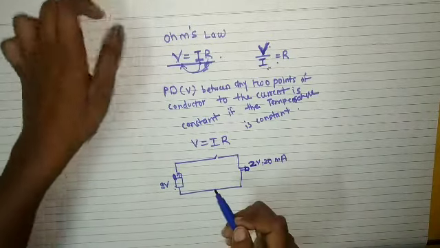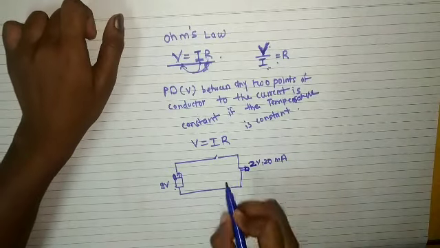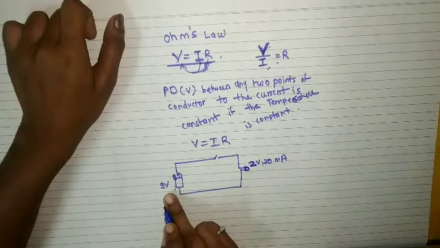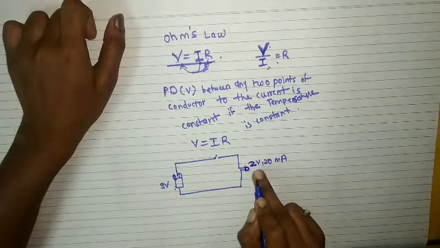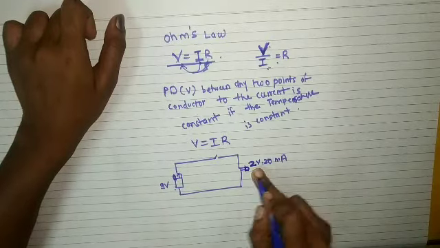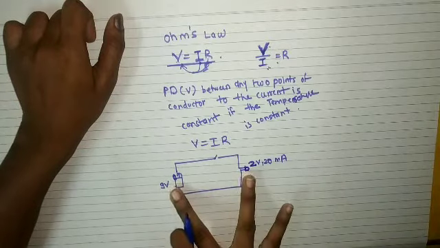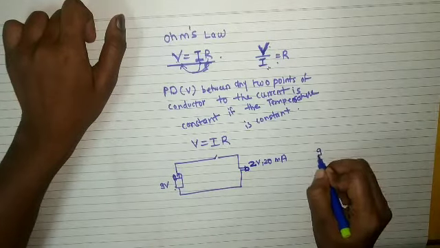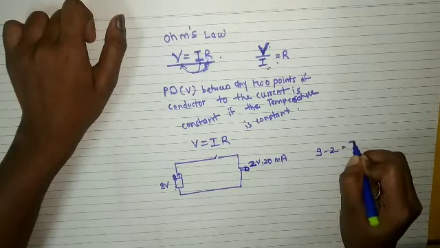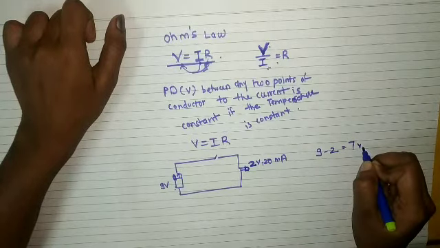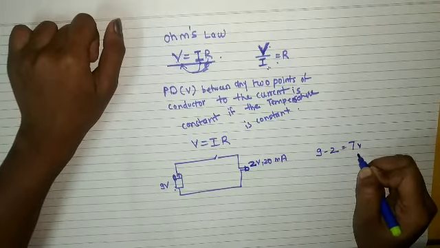So we have to limit this voltage and give just 2 volts here. The potential difference is 9 minus 2, that is 7 volt.